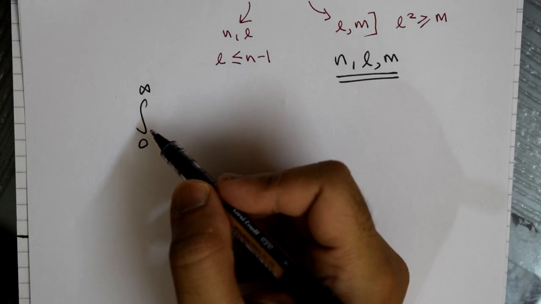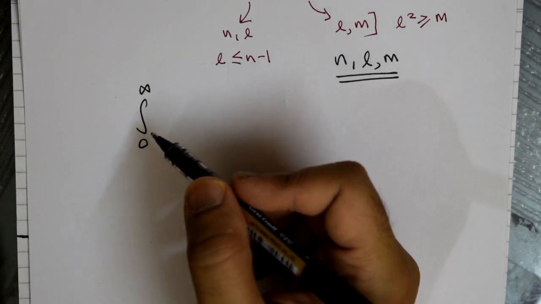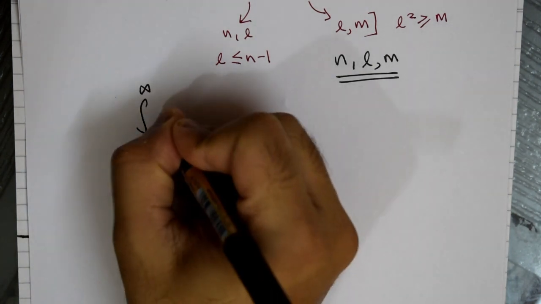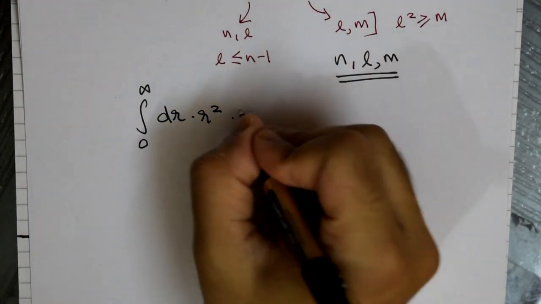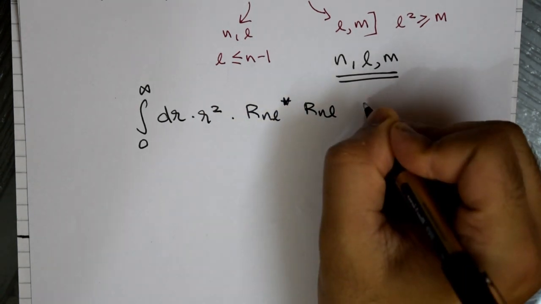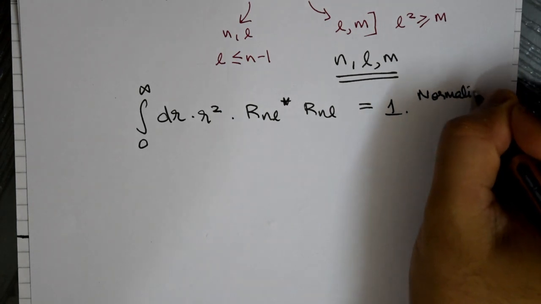So there could be a probability for the electron to be present at infinity as well, but of course the probability is going to be infinitesimally small, and this will be given by the integral dr times r squared times R_nl star times R_nl equal to 1. So this is basically the normalization that goes through.